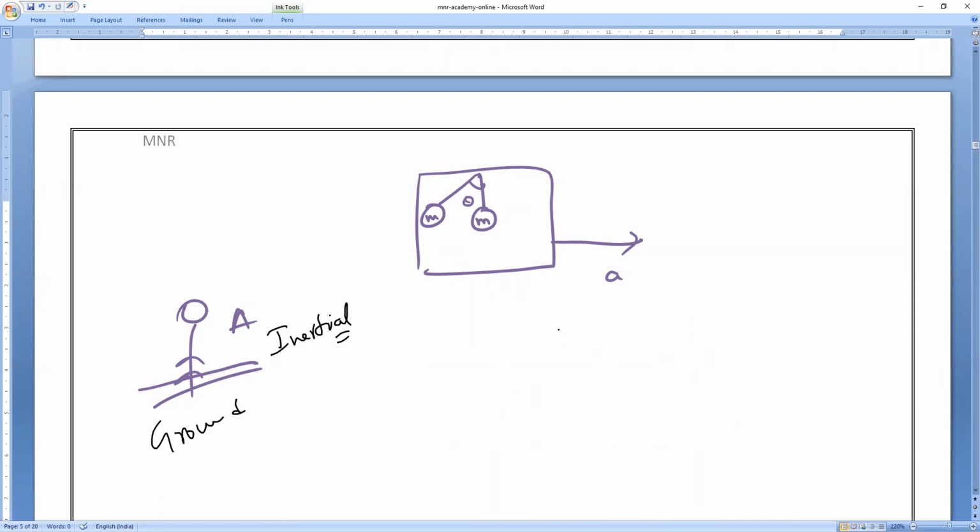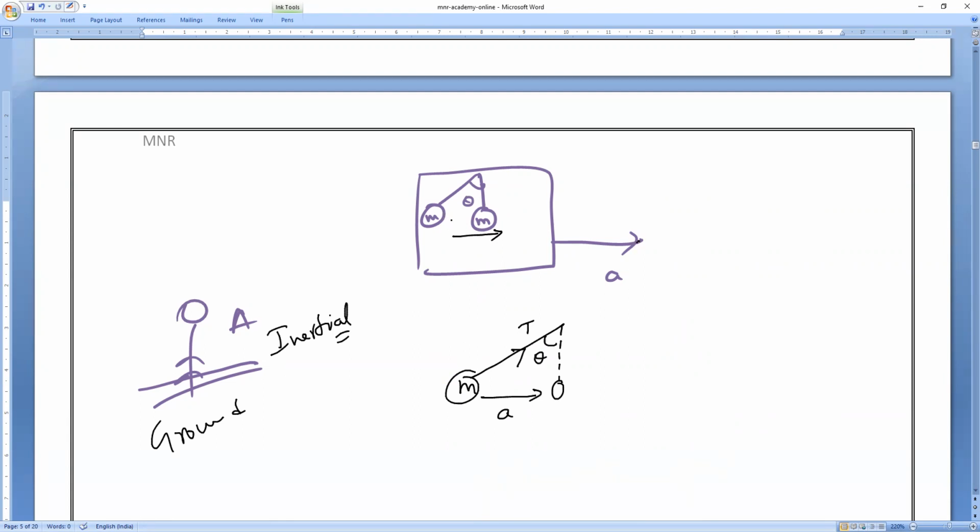Now, let us imagine. The actual position is this one. Due to the acceleration, the body came to this position. There is a tension in the string, and theta is the angle it is making. Now, the observer is outside, so the acceleration of the car equals the acceleration of this mass.